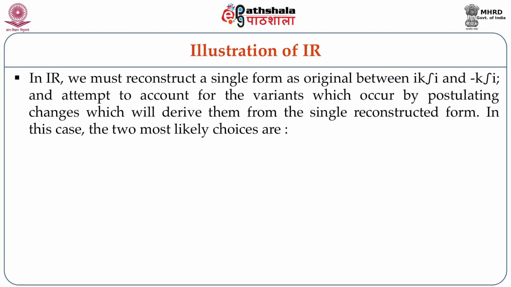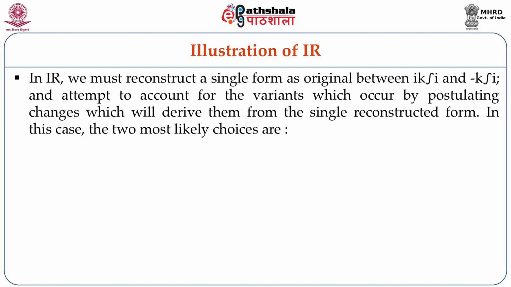In the internal reconstruction, we must reconstruct a single form as original between ikji and kji and attempt to account for the variants which occur by postulating changes which will derive them from the single reconstructed form.